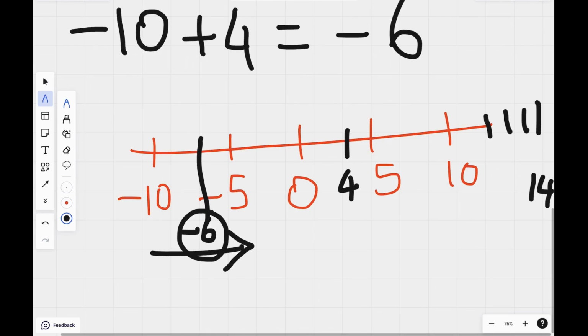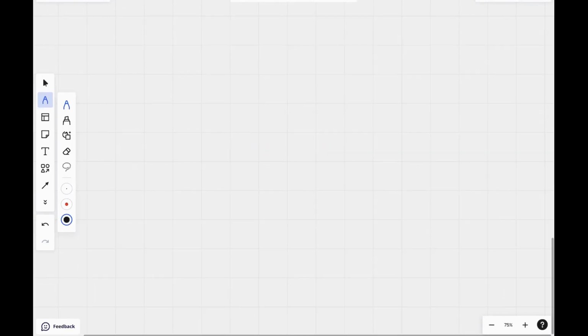When I add plus 4 to positive 10, it goes this way. Similarly, when I add plus 4 to negative 10, it still goes this way. But when I go towards positive, the negative numbers decrease in magnitude. So that's why I get minus 6. Make sense?